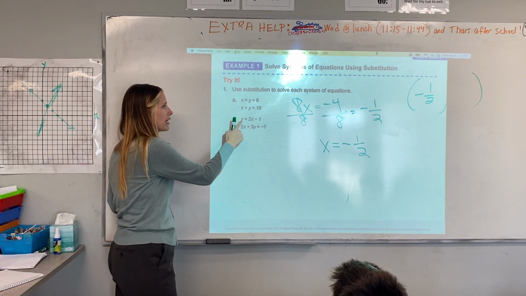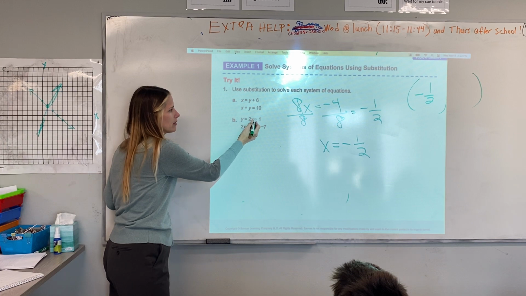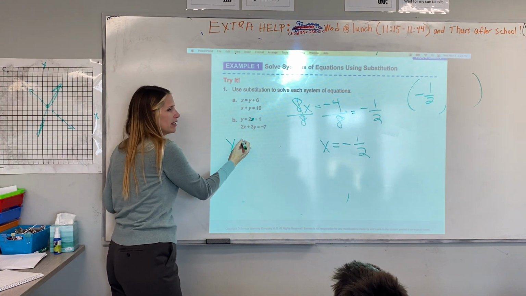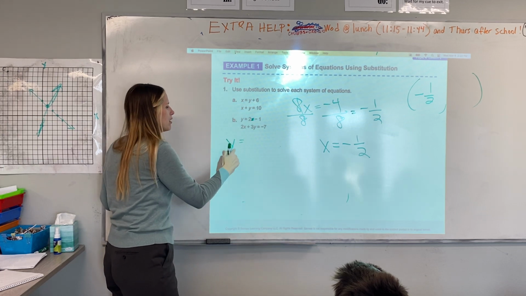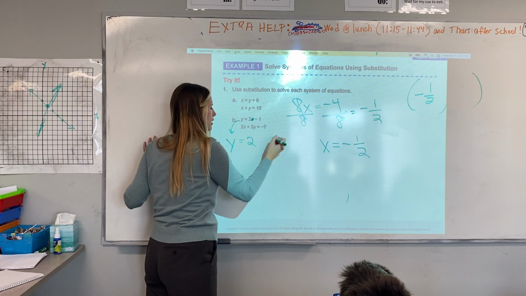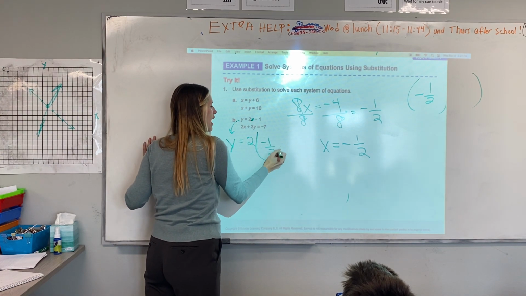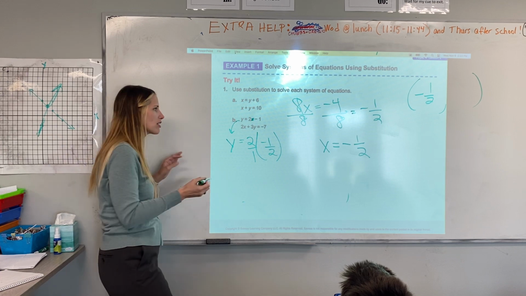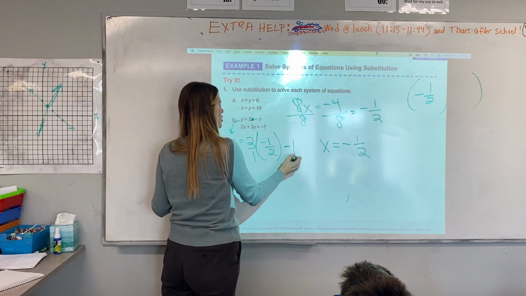All right, so I'm going to replace my x here with that -1/2, and I've got y equals 2 times x, which I'm replacing with my -1/2. I'm putting my 2 over 1, so when you multiply, everything stays in fraction form. And then I have -1.